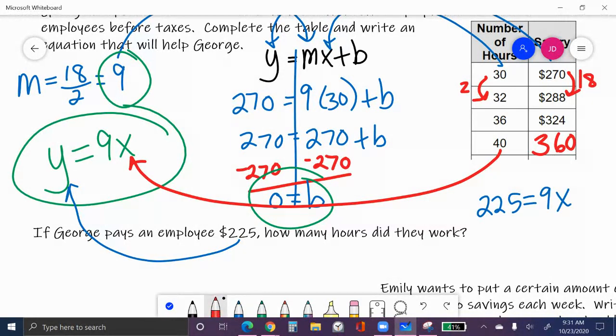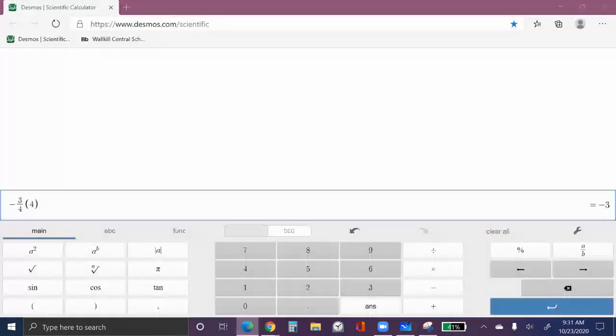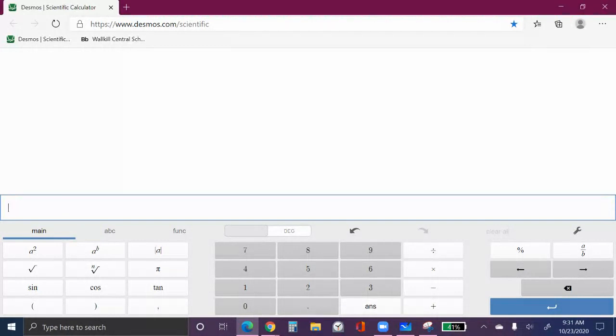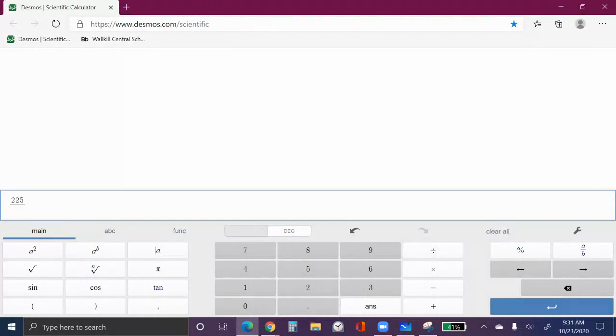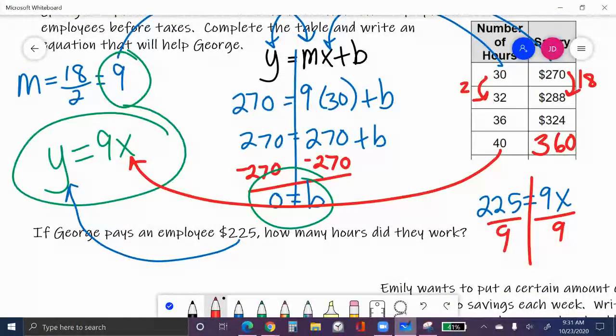And then you divide both sides by 9. You would get 25. So that means my x value is 25. So how many hours did they work? 25 hours.